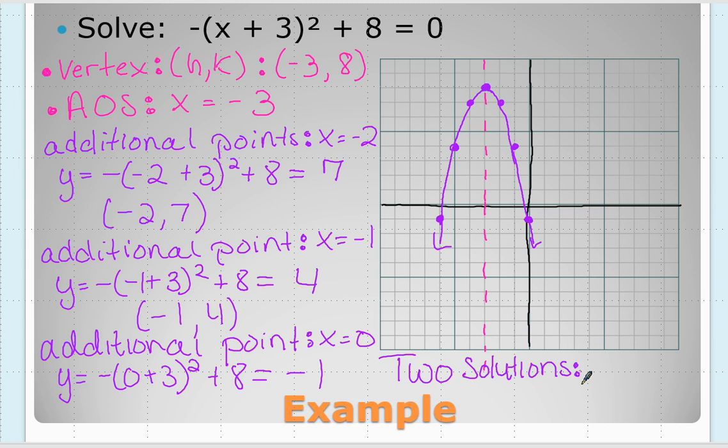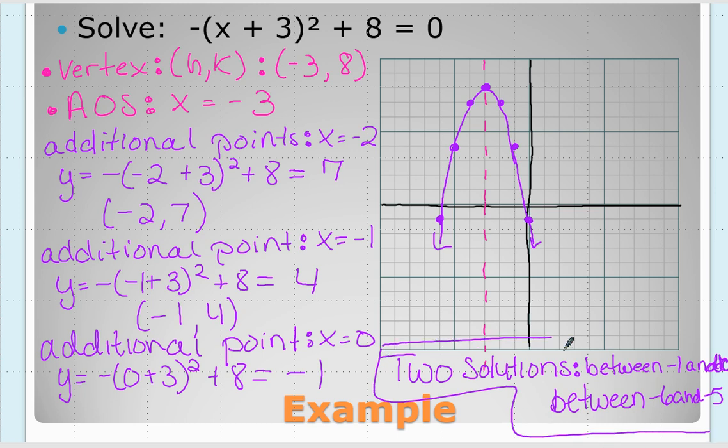I know that my graph crosses between -1 and 0, and between -6 and -5. And that is my solution, or roots.